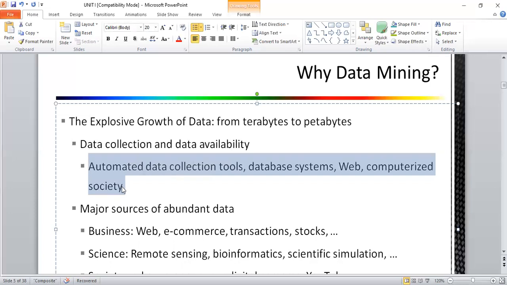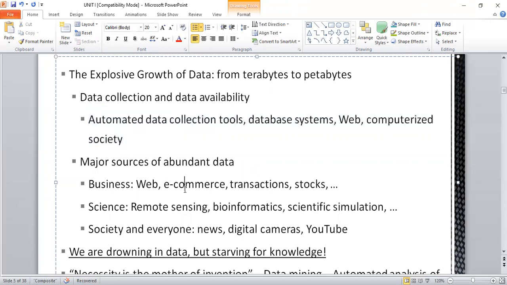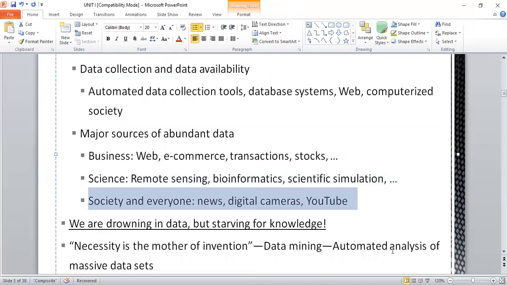So there is a lot of data available, but how to tackle that data? For that, some technique is required, and that's why data mining came into existence. Other major sources of abundant data can be your web, e-commerce, transactions, stocks, cryptocurrencies, remote sensing, bioinformatics, then your news, digital cameras, YouTube data.